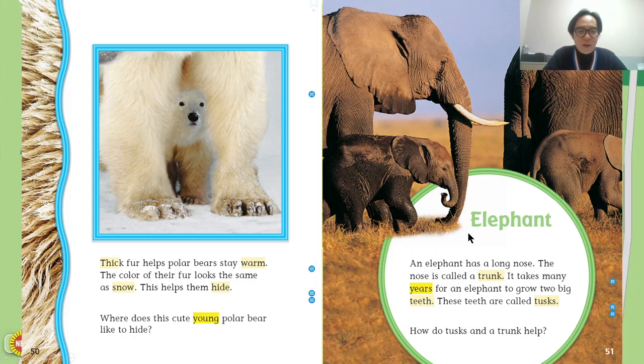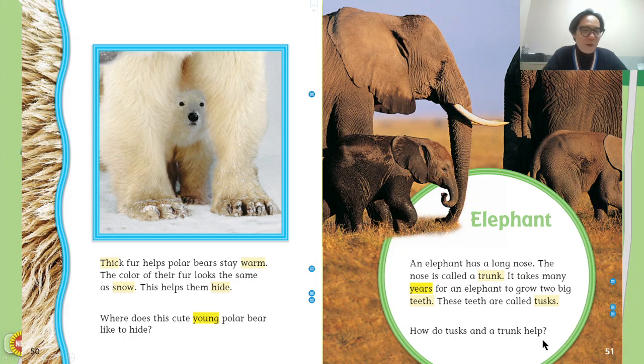It's the elephant. An elephant has a long nose. The nose is called a trunk. It takes many years for an elephant to grow two big teeth. Do you see the two big teeth on the elephant? These teeth are called tusks. How do tusks and a trunk help?